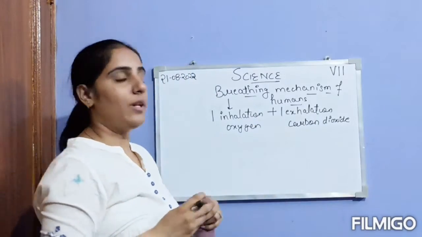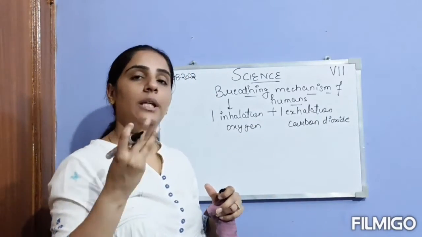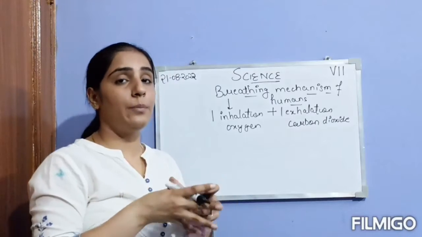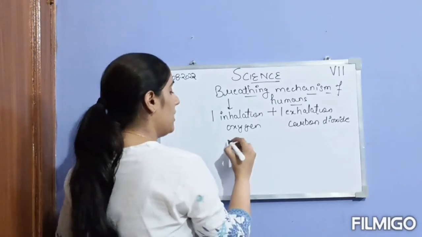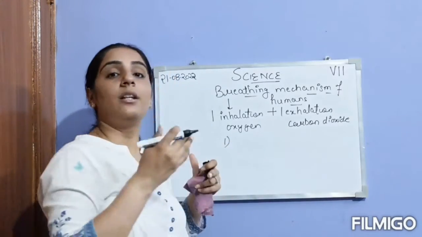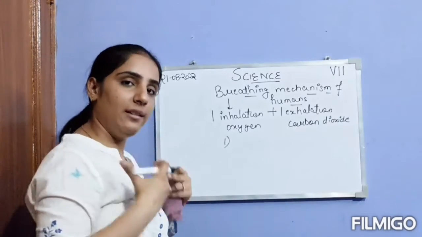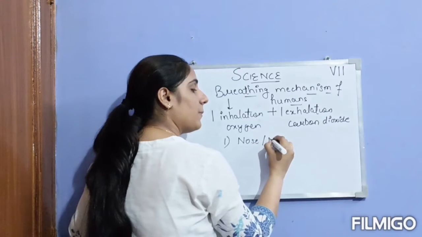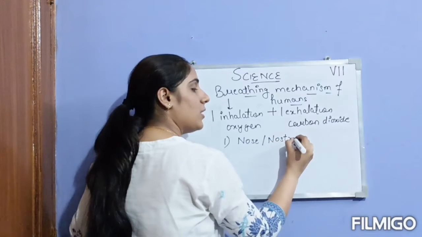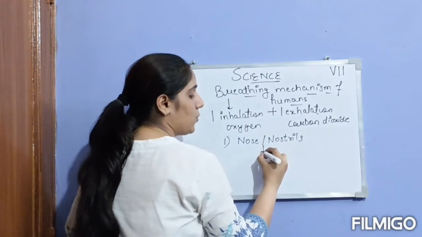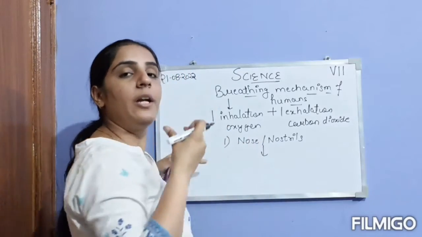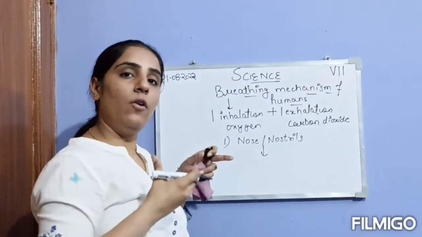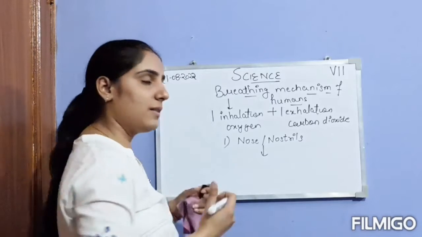Right? So now we'll know that there are three main organs which help breathing take place in our body. The first organ is the nose, which has nostrils, through which we take in the air and give out the air. These nostrils take that air to the windpipe, which is a connecting organ between the nose and the lungs.